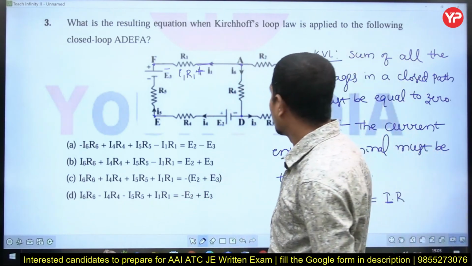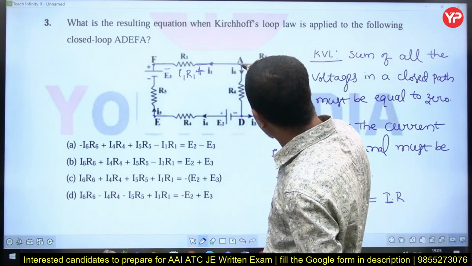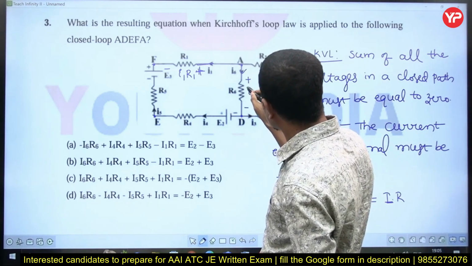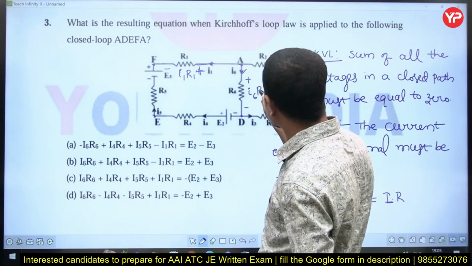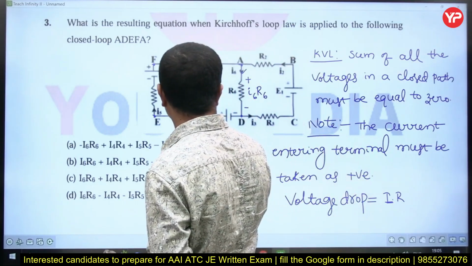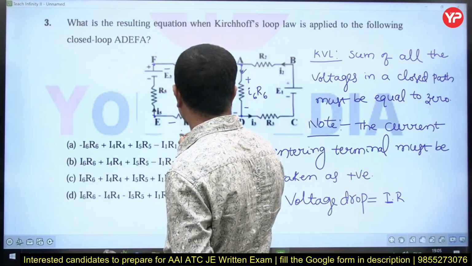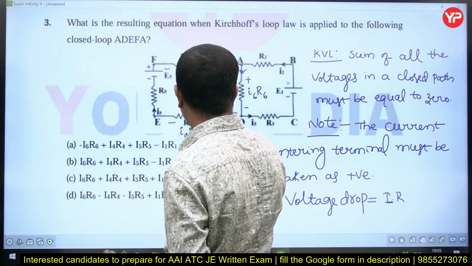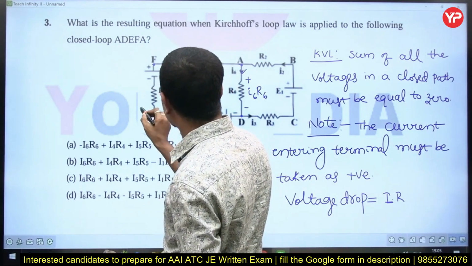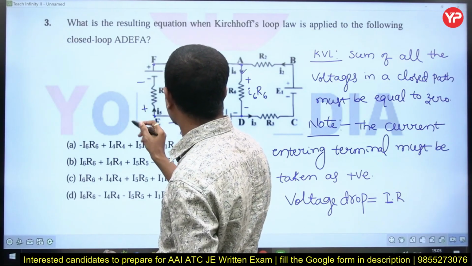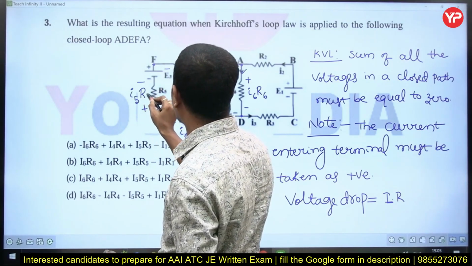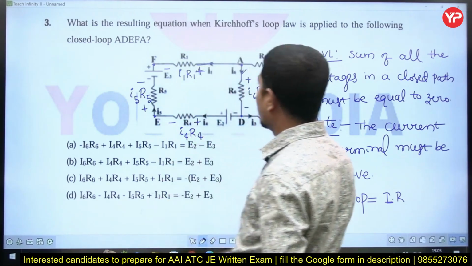Now here I6 current is entering here, so this is plus, this is minus, I6 into R6 is the voltage drop, right? Now I4 current is entering here, this is plus, this is minus, I4 into R4 is the voltage drop here. I5 current is entering here, this is plus, this is minus, I5 into R5 is the voltage drop there, right?